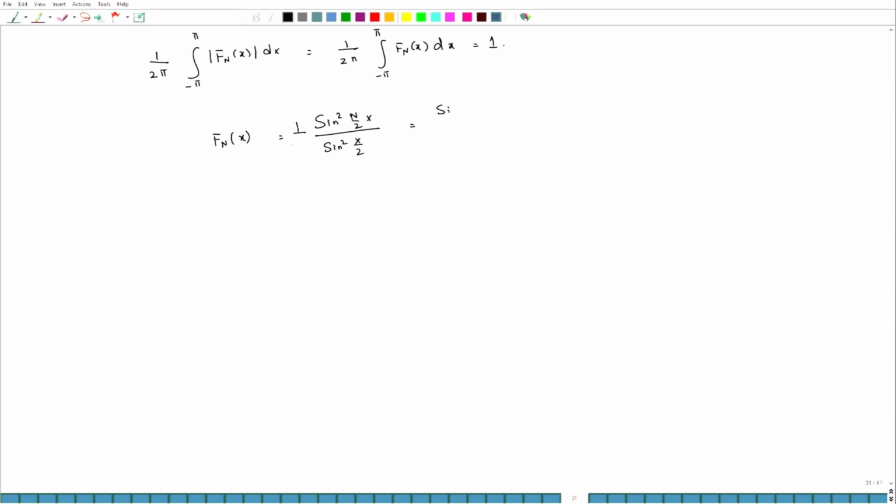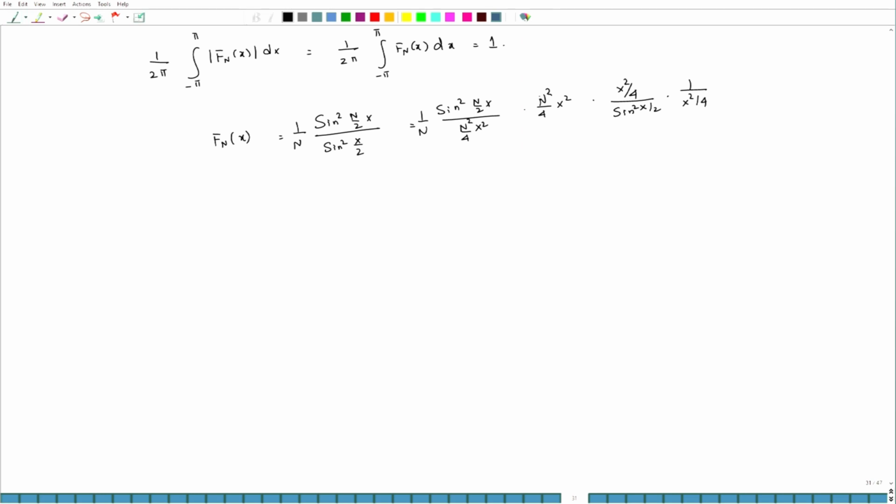This is 1 over n, sine square n by 2 x by n square by 4 x square, into n square by 4 x square, and then x square by 4 by sine square x by 2 into 1 over x square by 4.